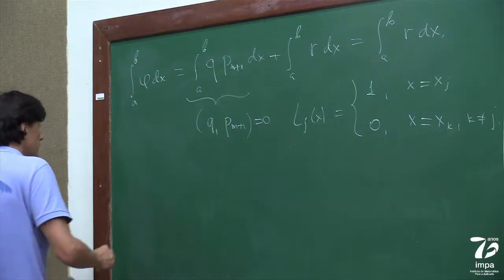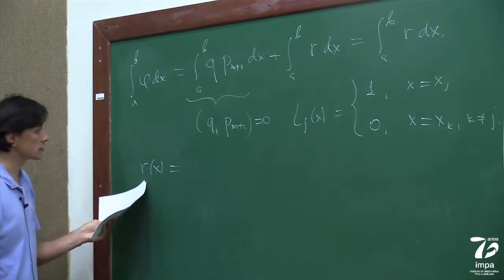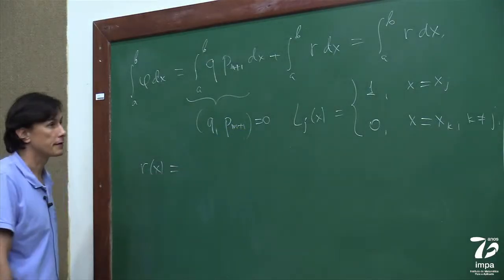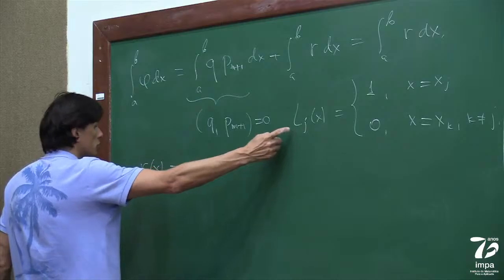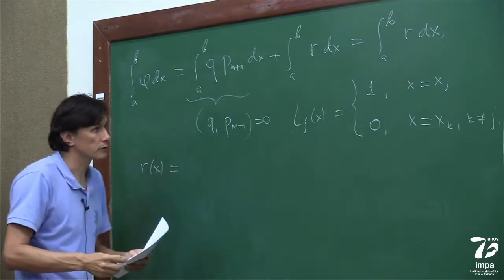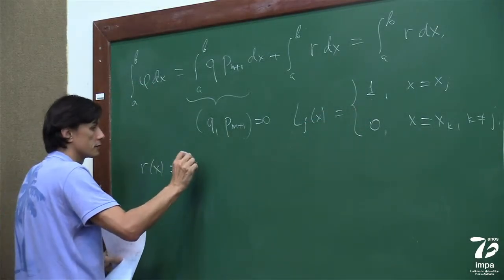So what we can do is expand r, which is a polynomial of degree not more than m, as a linear combination of these basis elements. Since the basis elements are 1 at their own node, we know the coefficients: they are just values at these points.